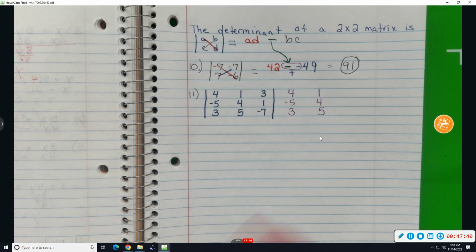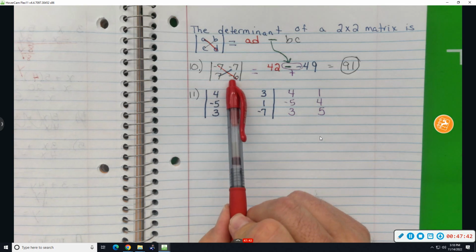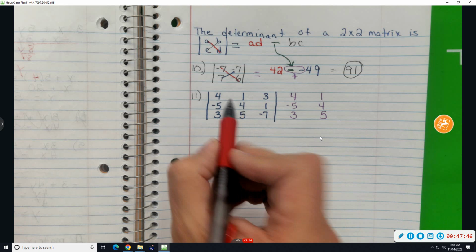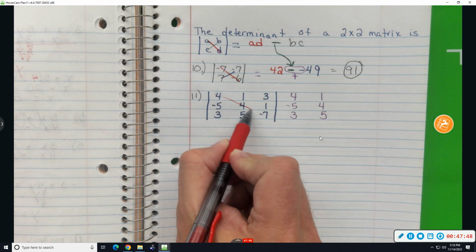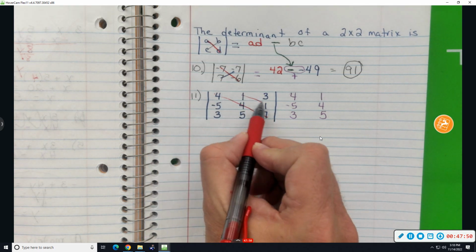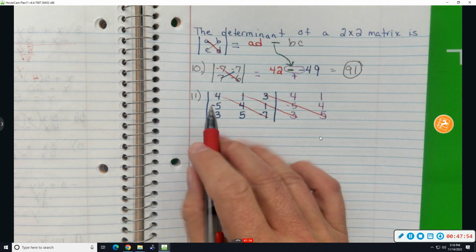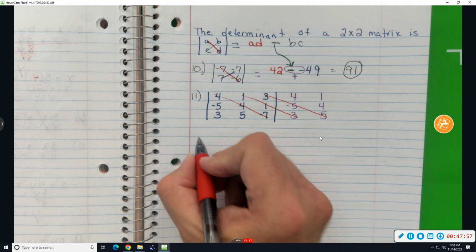Now, instead of just making a simple little X like you do on the 2 by 2 ones, you're going to be multiplying a lot. You're going to have 3 of these diagonals. You multiply these 3 diagonals.